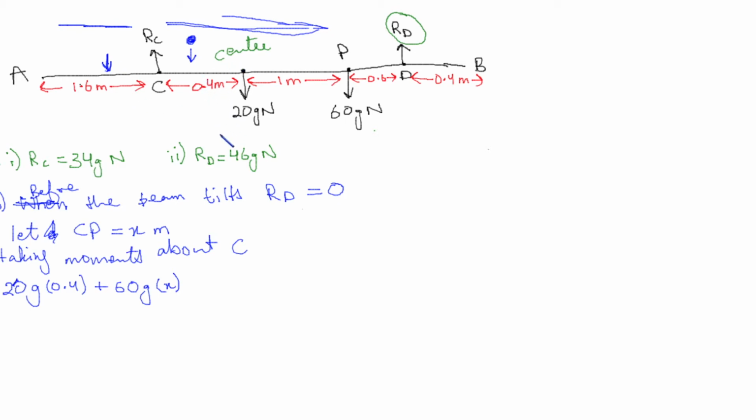You don't have to worry about that for now. I'm just taking it as on the right of C, okay? So I'm taking it as at this point. Let me change the color to make it clear. As you solve, everything will become clear.